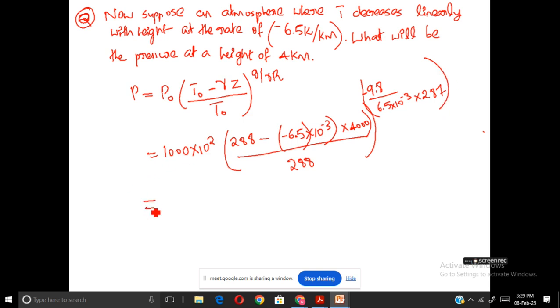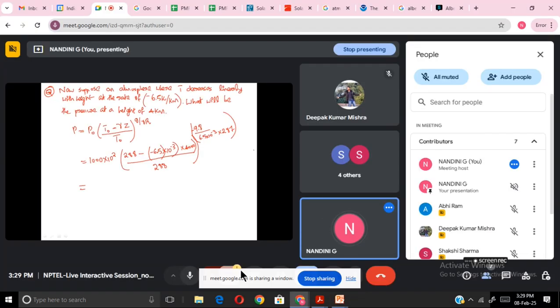This is a bit long, can you try to solve this? Actually, you can solve it step by step. Can you guys try to solve?